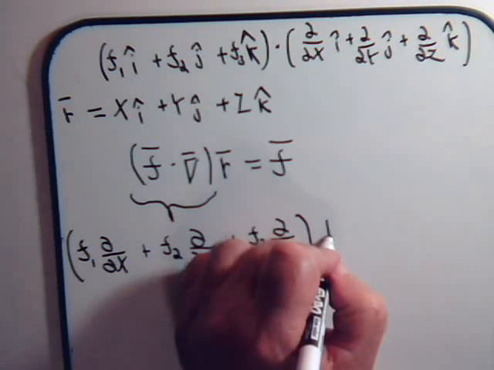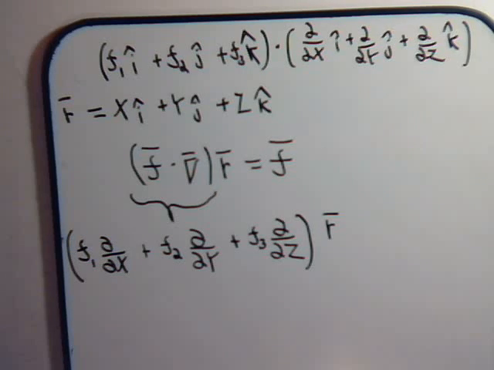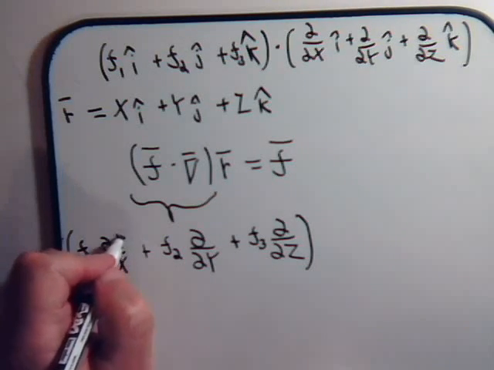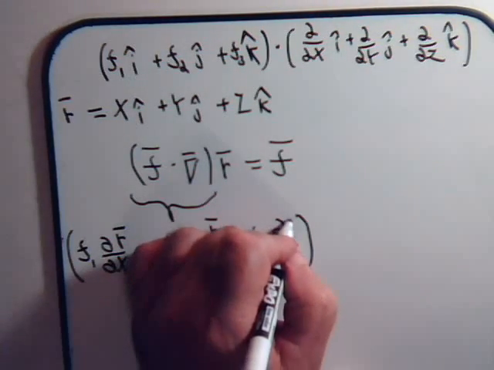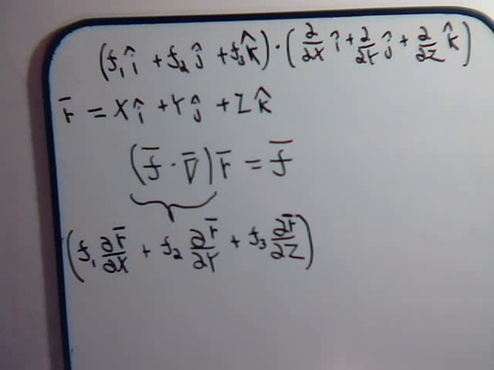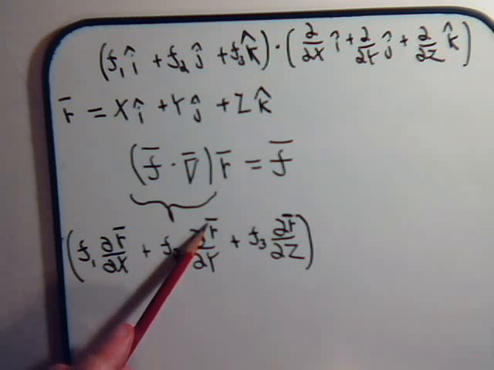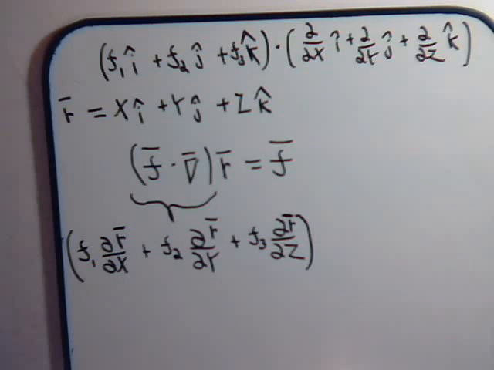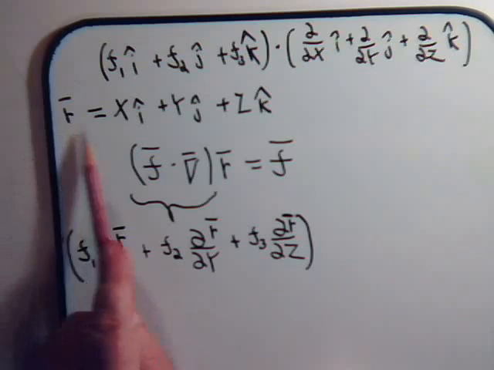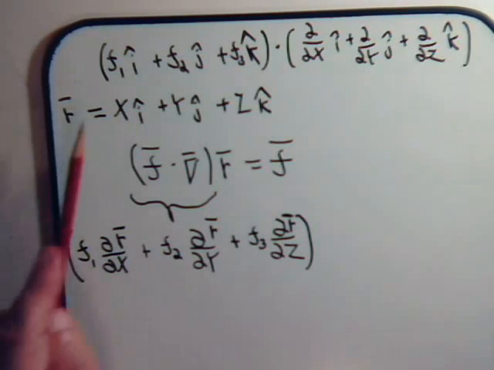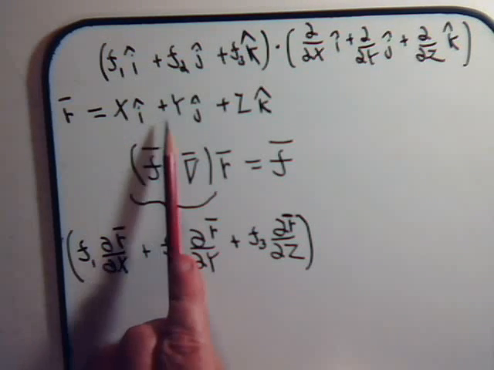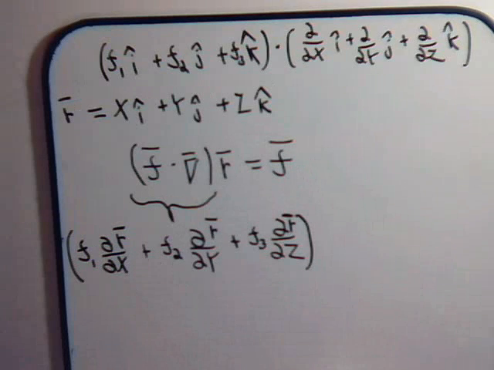And then we have the position vector. So that means we're going to be taking these derivatives. Take the partial of the position vector with respect to x, take the partial derivative of the position vector with respect to y, take the partial of the position vector with respect to z. And here is our position vector with components x, y, and z. Now, these x, y, and z are totally independent.